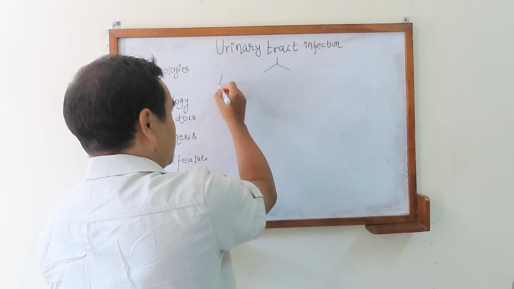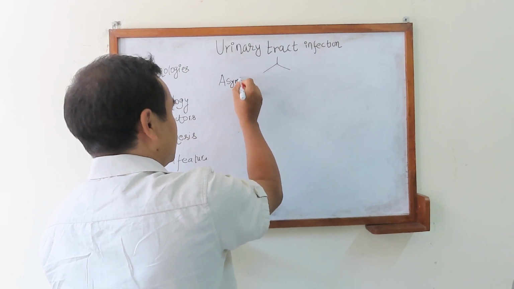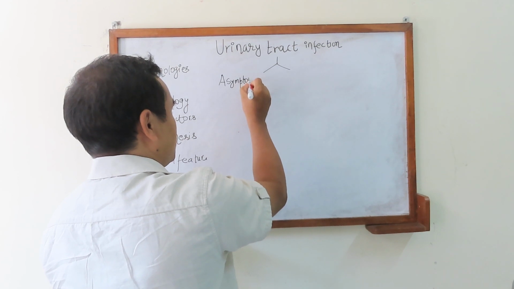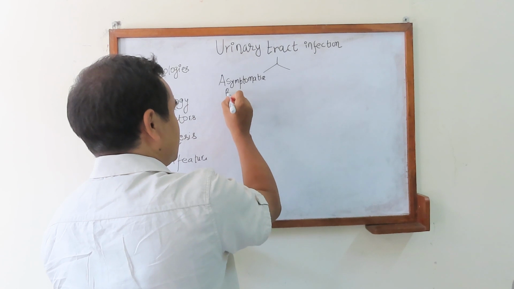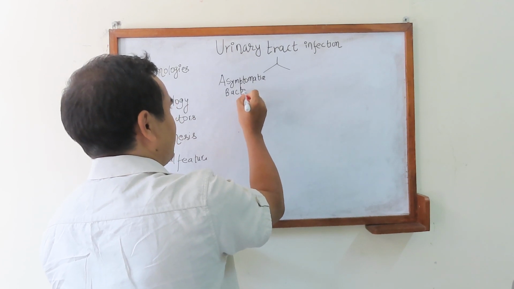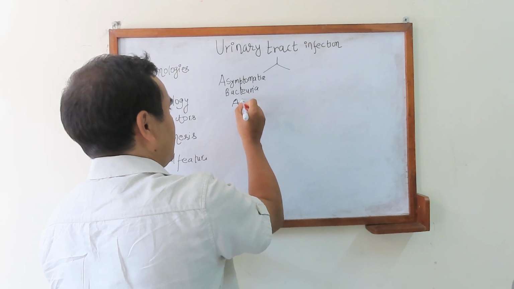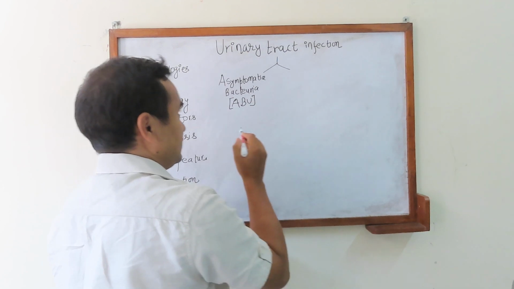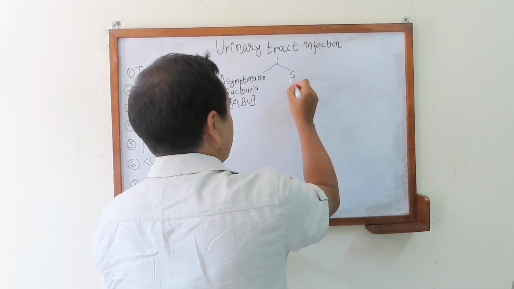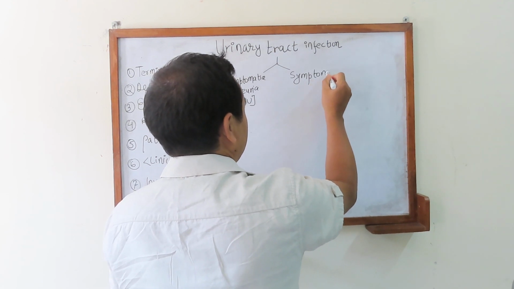One is asymptomatic bacteriuria, or in short form ABU, and the second one is symptomatic UTI.